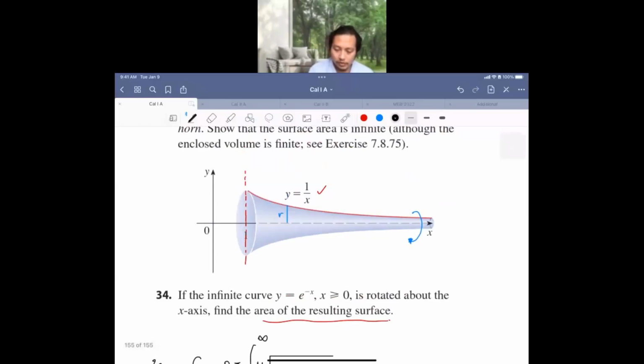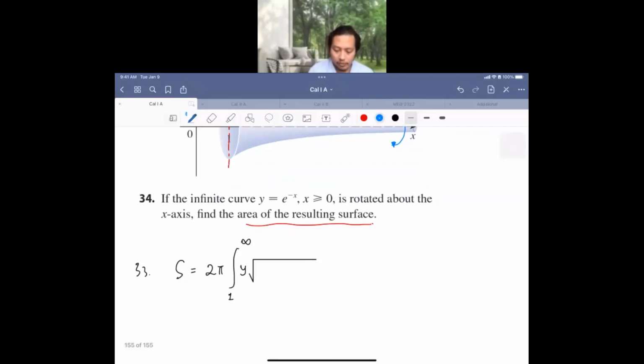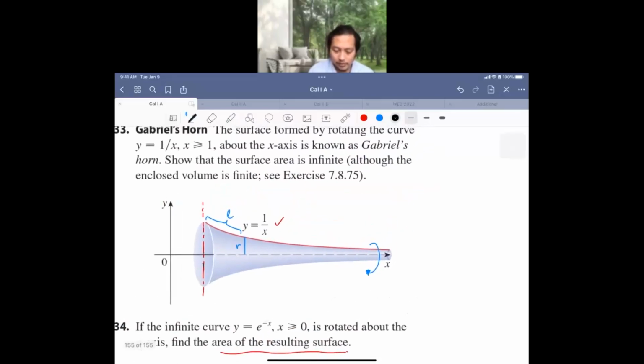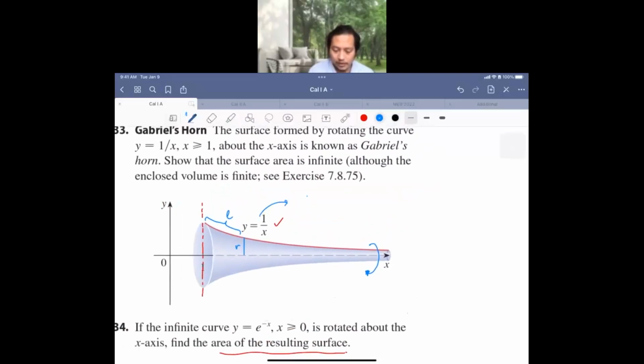So the arc length will be here, the L, right? Or let me just write directly the square root of 1 plus dy over dx squared, and then dx. Because I'm using dx, we can change everything into variable x. And inside here, the dy/dx is negative 1 over x squared, right?